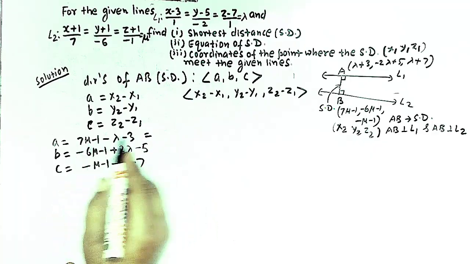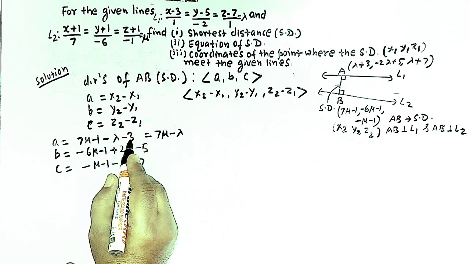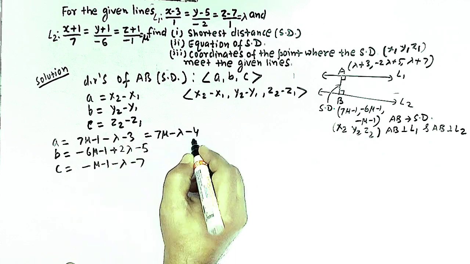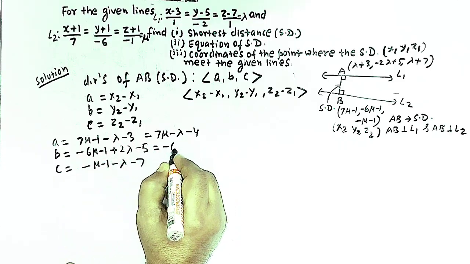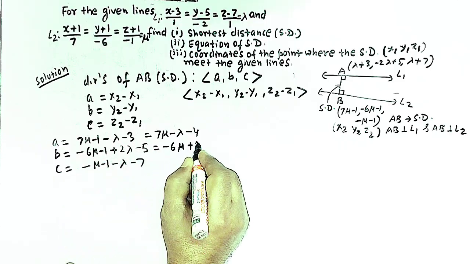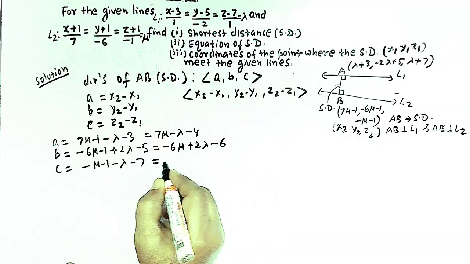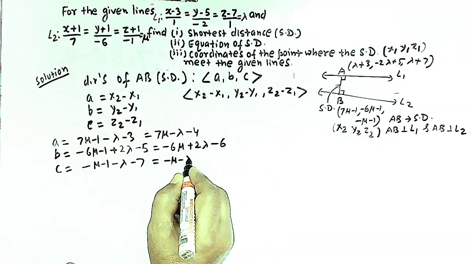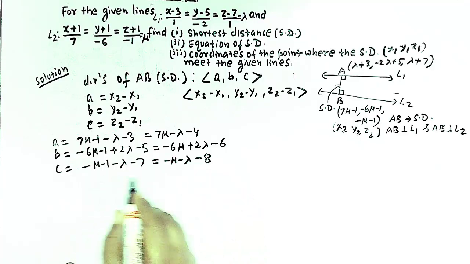So here we have 7 mu minus lambda, then we have here minus 4, minus 1 minus 3 is minus 4. Here we have minus 6 mu plus 2 lambda, then we have minus 6, and here we have minus mu minus lambda and minus 8, right?